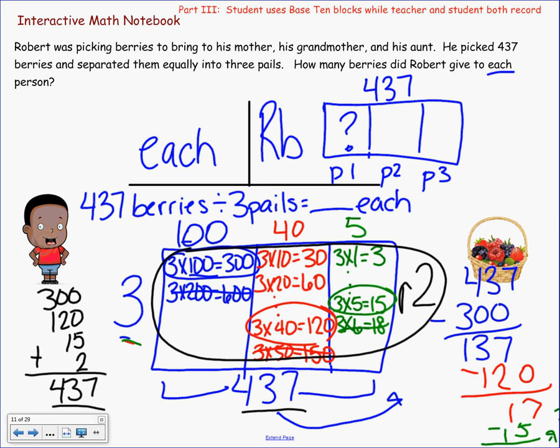So then to find my answer, I would use the expanded form at the top of the chart. 100 plus 40 plus 5 is 145. And then I'm sure to add on my remainder of 2. So that is how we would do division with partial quotients using an area model.